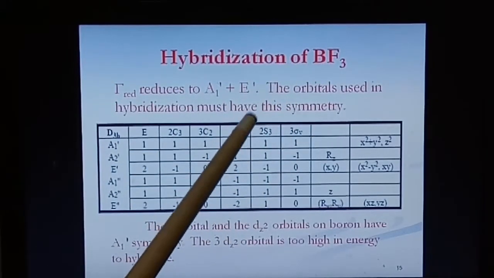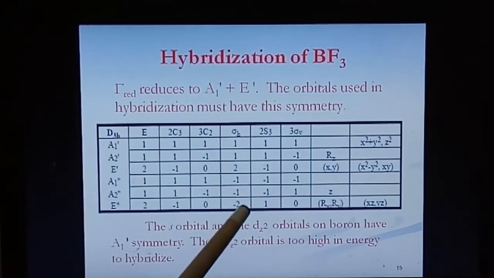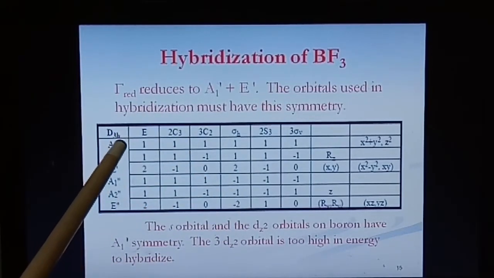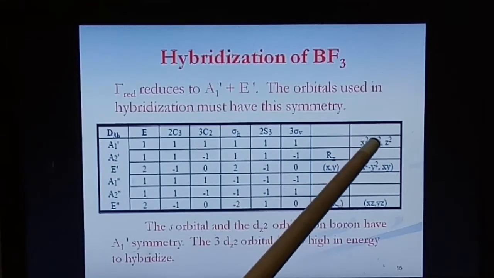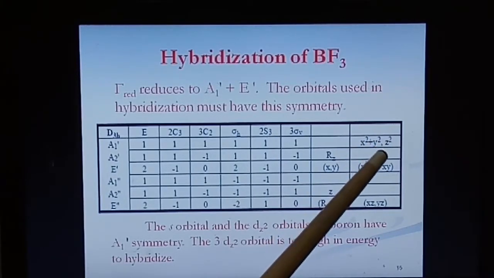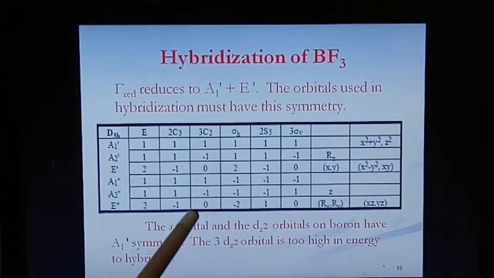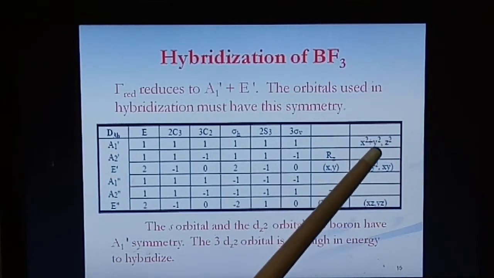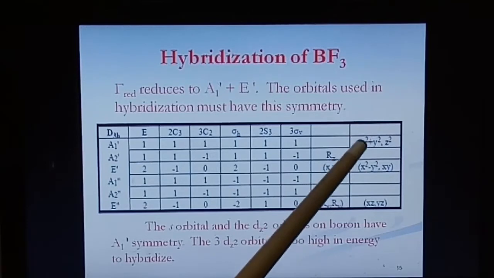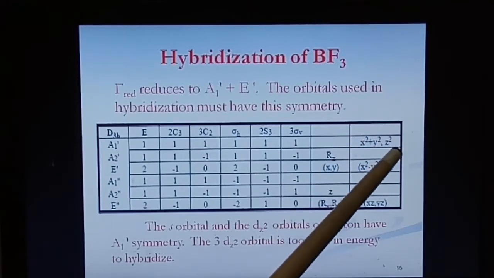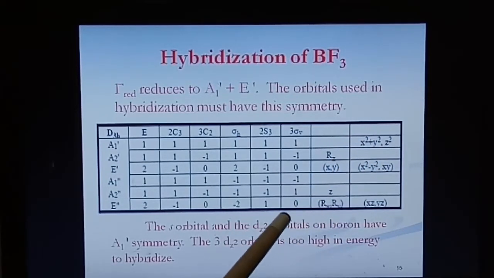Now in this character table we can find that for A1', the basis will be x² plus y² and z². So the s orbital and the dz² orbital on boron have A1' symmetry. Here x² plus y² represents the s orbital and z² will be the dz² orbital.